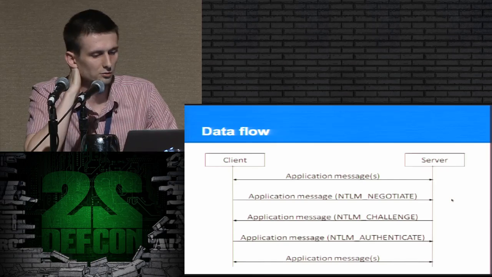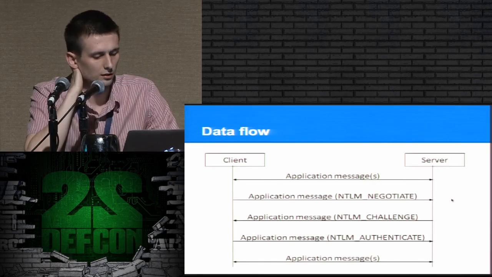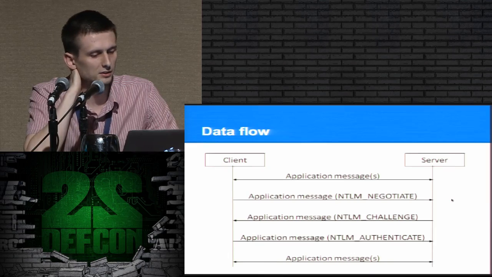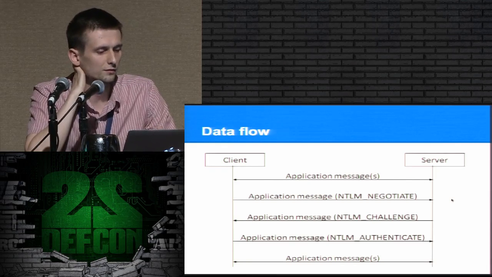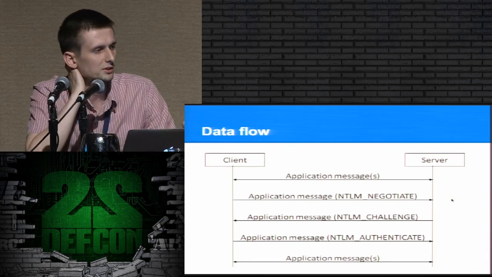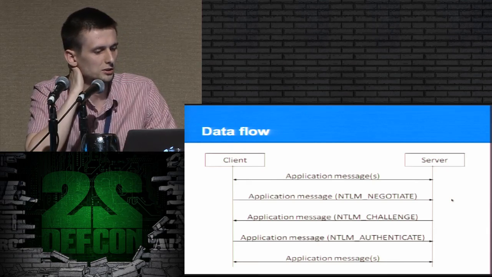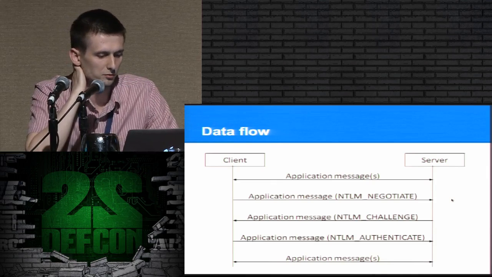It will exchange some kind of messages on initiation, and anyway, the client should generate the message called NTLM negotiate and send it to the server. The main advantage of the SSPI interface is that the client application shouldn't know anything about what NTLM negotiate is. It just tells SSPI, please generate me that type of message, and then the client just gets it from a buffer and sends it to the server without any modification.